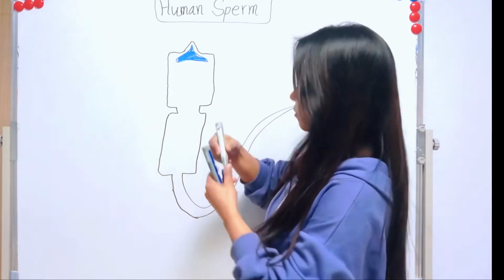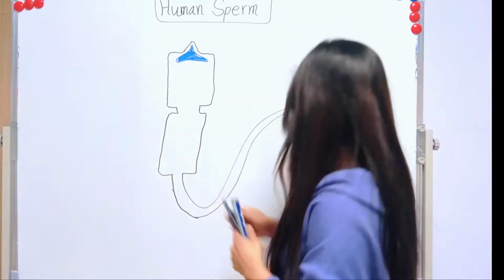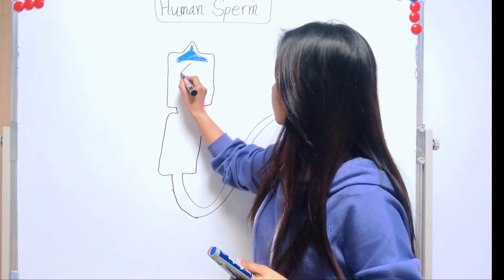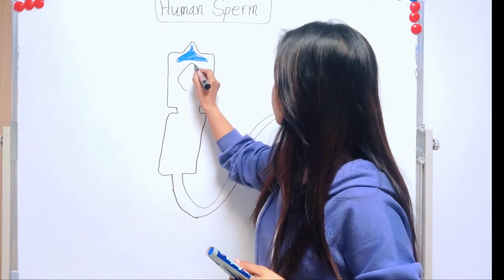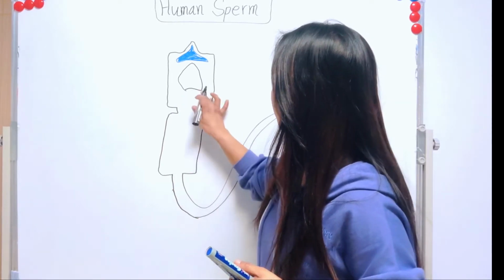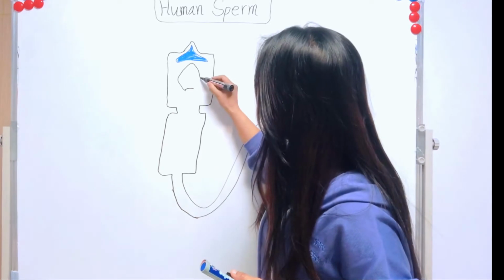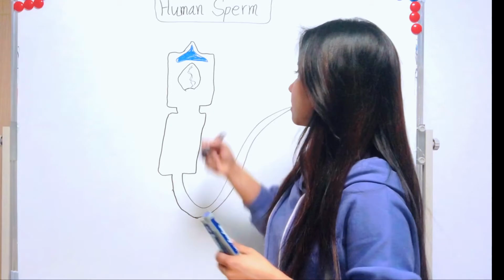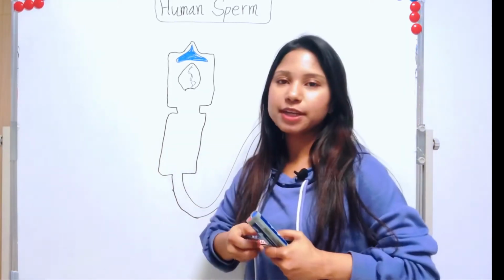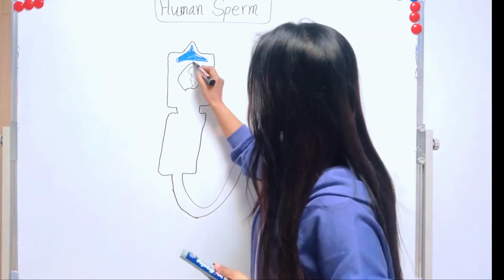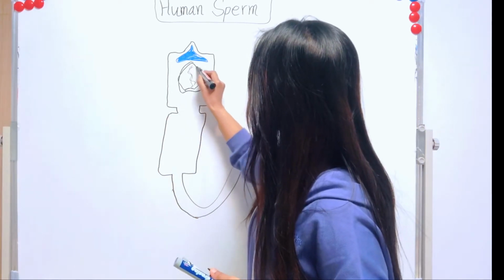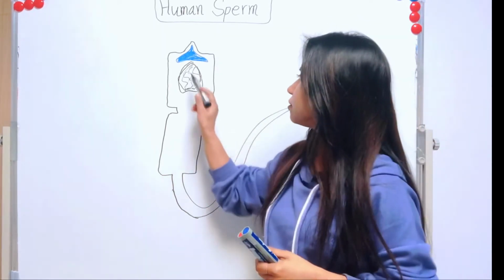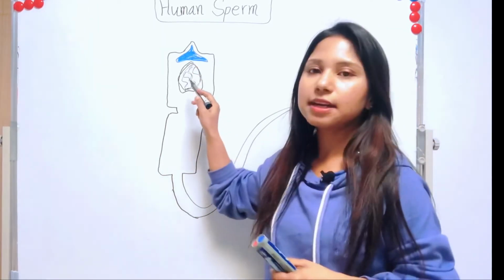Then after the acrosome, here another structure is present and this is the nucleus. The nucleus contains genetic material. This is an elongated haploid nucleus. So this is the head. The head consists of acrosome and nucleus.